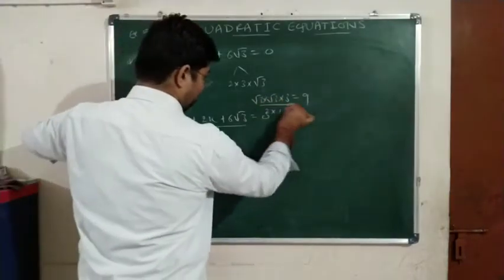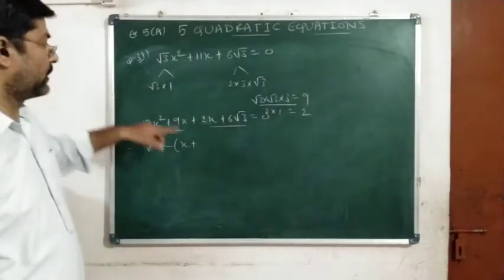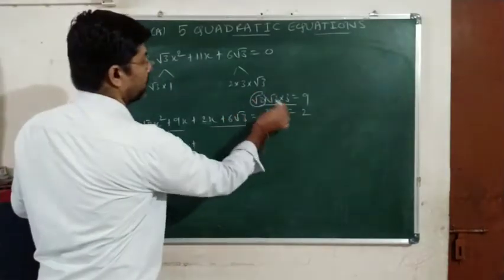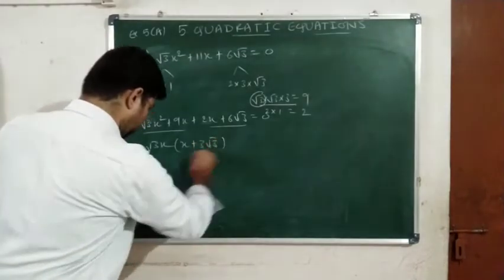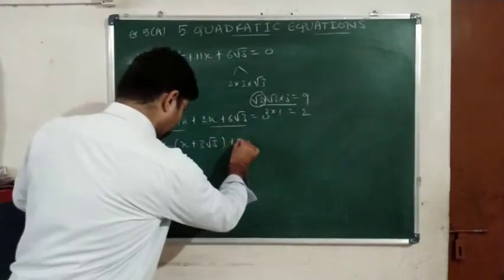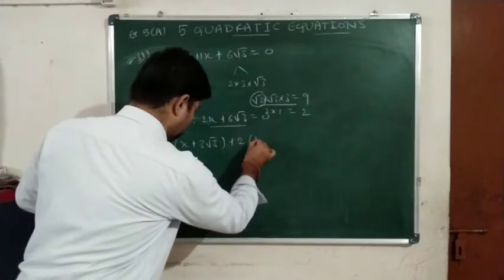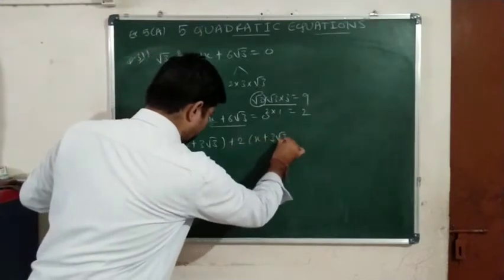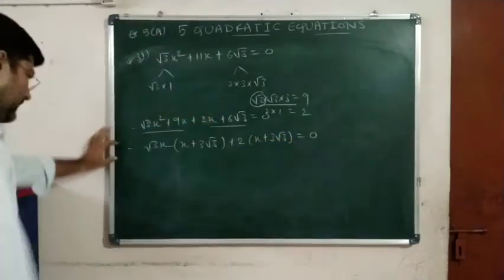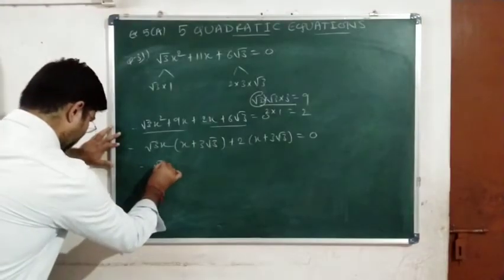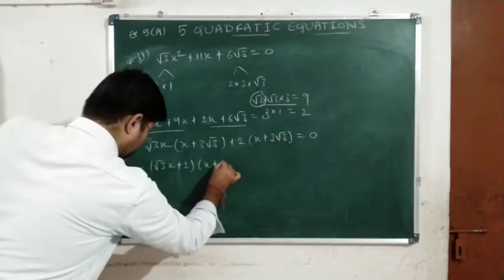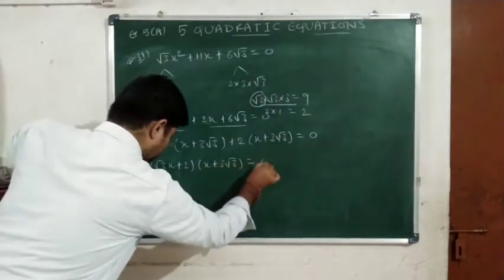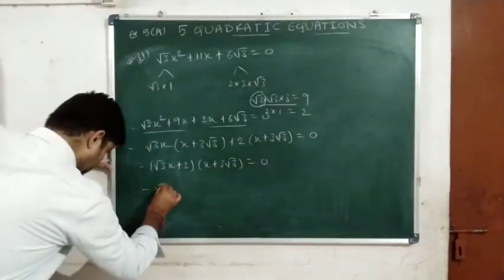This is 9, root 3 into root 3 into 3. So out of this you have taken root 3 common, so you are left with 3 root 3. So in the bracket we will write 3 root 3, plus from the second bracket take 2 common. So x plus 3 root 3. Clear? And therefore root 3x plus 2 into x plus 3 root 3 is equal to 0.